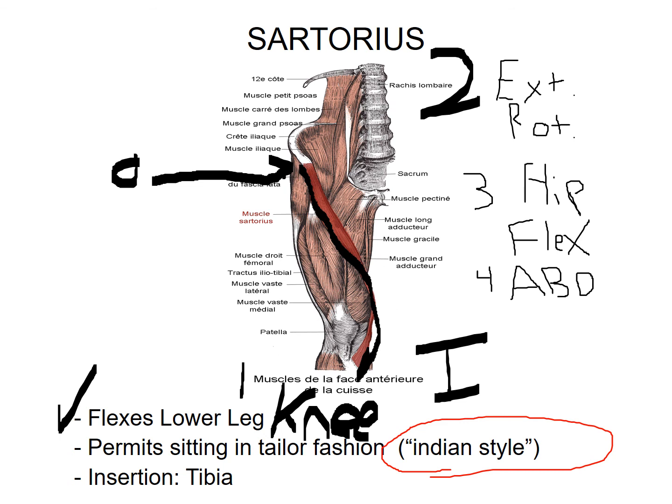If you can feel your hip flexor muscles, you are in a crunched position right there. So the sartorius allows you to move in those multiple movements in order to accomplish this position of sitting Indian style, or crisscross applesauce is what I'm told is the more common way of saying that.